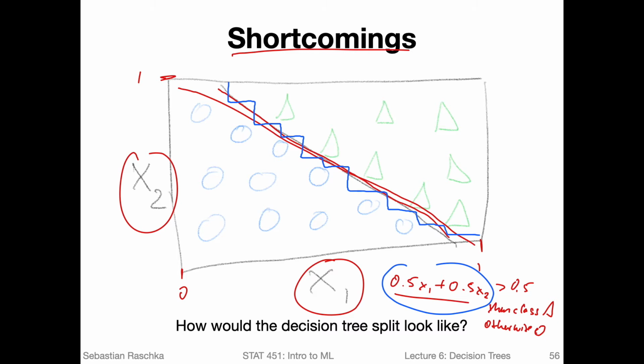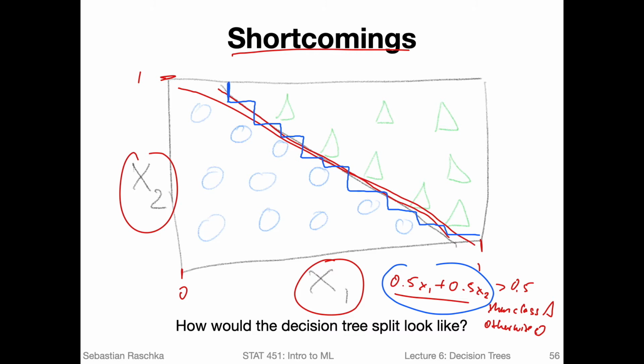Of course, we could manually create combinations of features, like x1, x2 and so forth. However, this would not really solve the problem. Also, in practice it would be pretty infeasible to find all these combinations of features. So in practice, if we just apply the decision tree to a data set like that, it would make this staircase-like decision boundary.